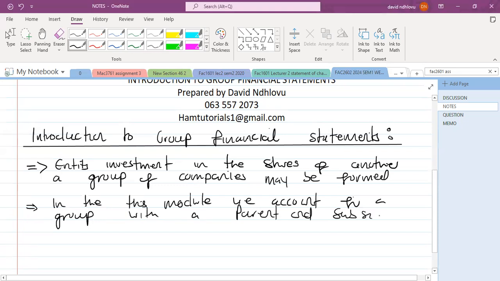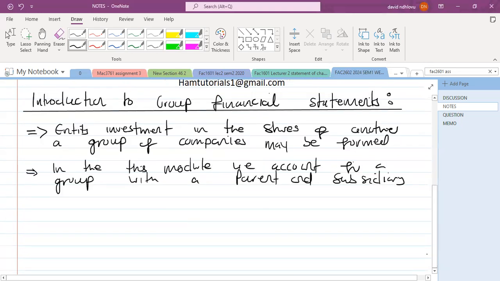It is quite possible to have a larger group, where a company makes various investments in other companies such that the group can contain more than 2 companies. However, that type of group we will deal with later, at later stages. Since this is an introductory module, things are kept a little bit easy. So you only deal with a group that comprises one parent and one subsidiary.